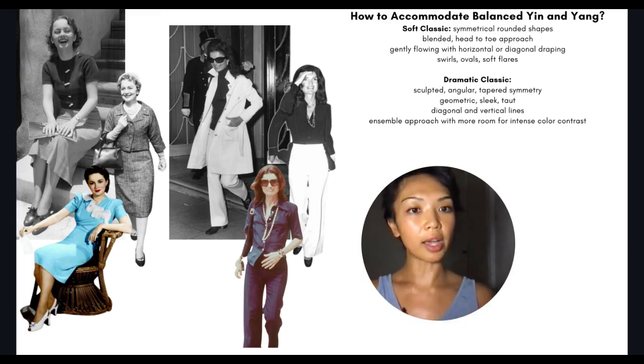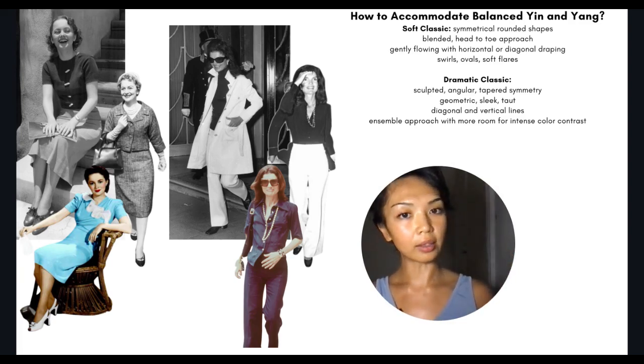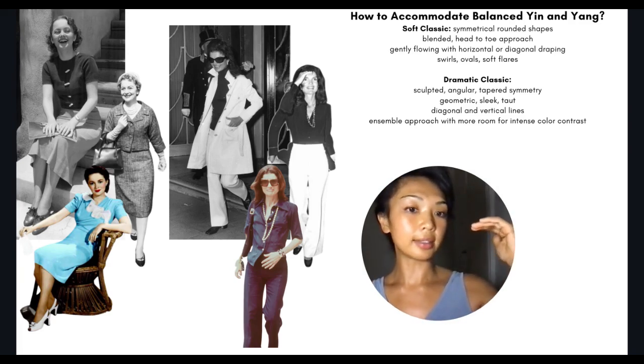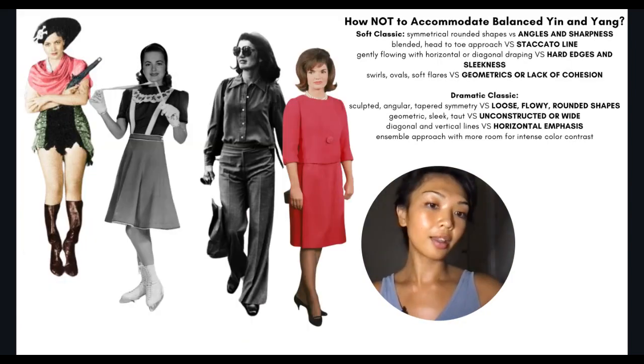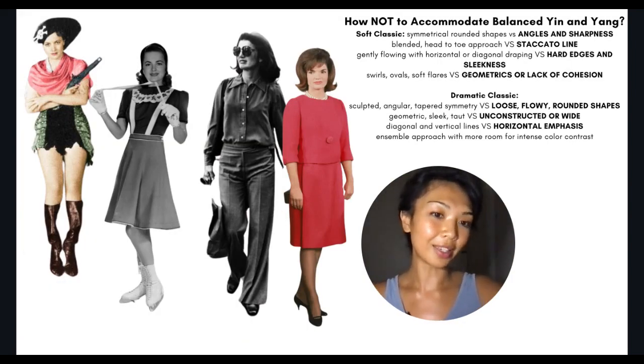They can really shine with diagonal and vertical elongation, and they can really shine in a more dramatic color combination. Dramatics can look great in bold color combinations where the intensity of the top and bottom match and it won't overwhelm them.